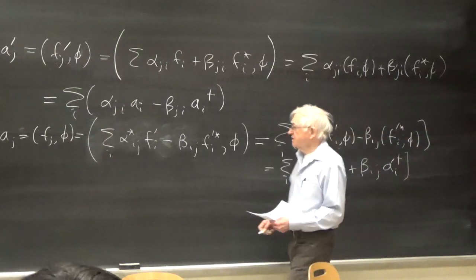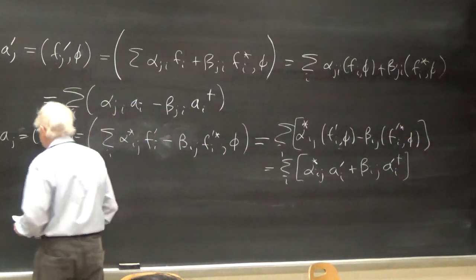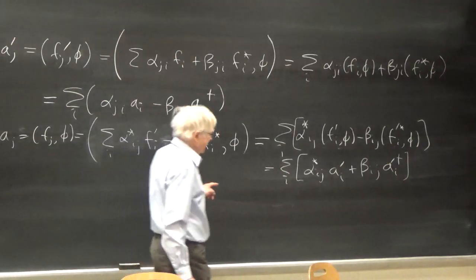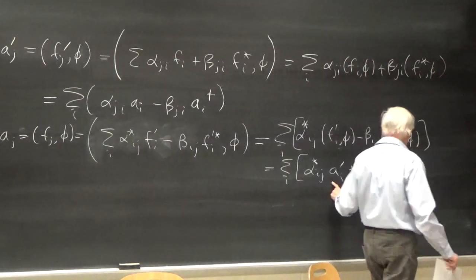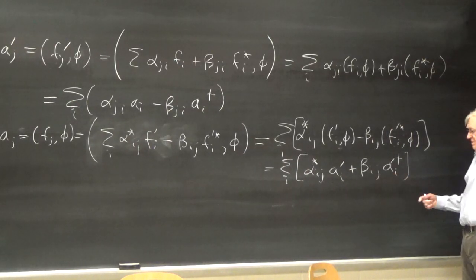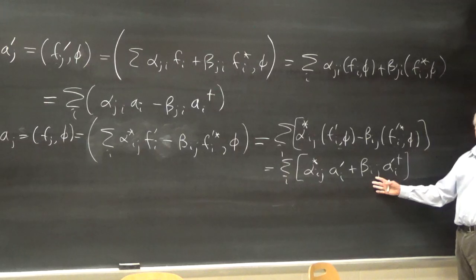So this again says that the annihilation operators in the first system are a linear combination of the annihilation operators in the second system, but also involve the creation operators in the second system unless all the betas are 0.